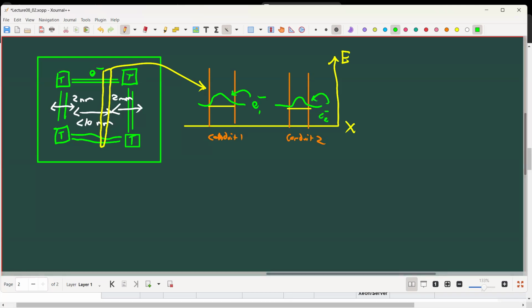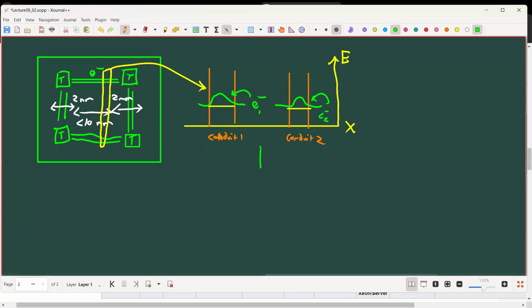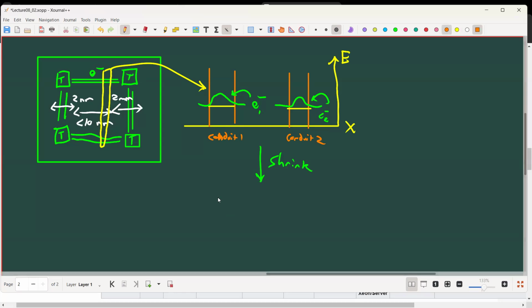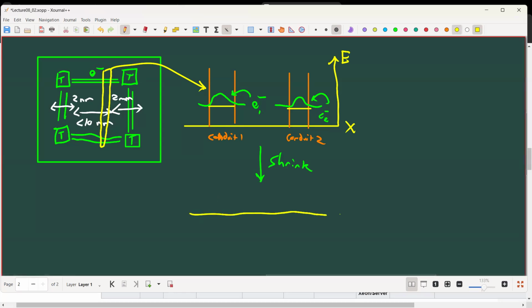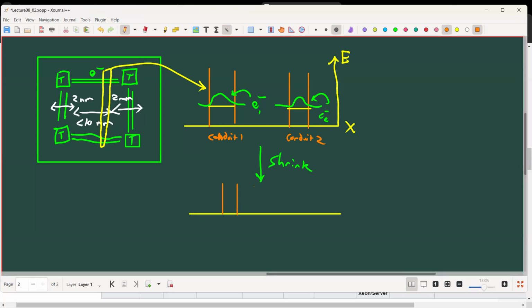Okay. Well, I'm going to keep bringing these closer and closer together. As I start to shrink, I'm going to have 2 electron conduits that are effectively right next to each other, like this. And if I draw my wave functions, these are very, very narrow, thin channels. They can only trap electrons so effectively.